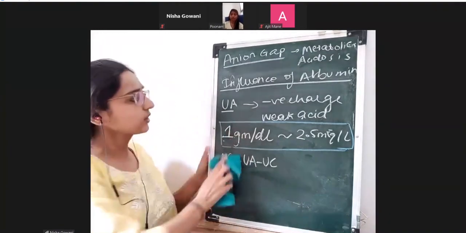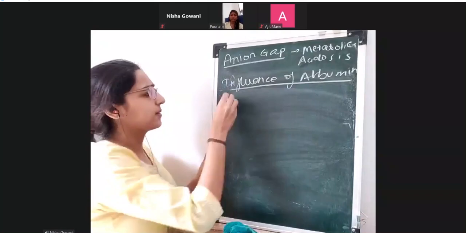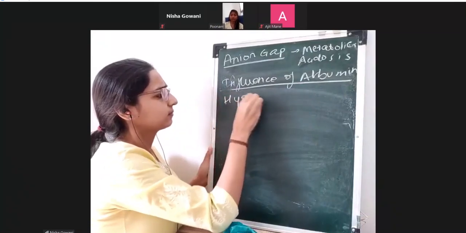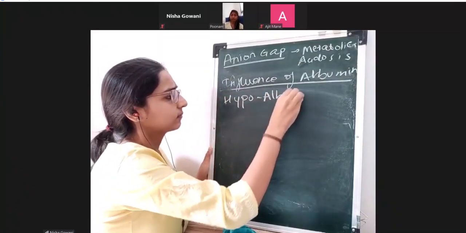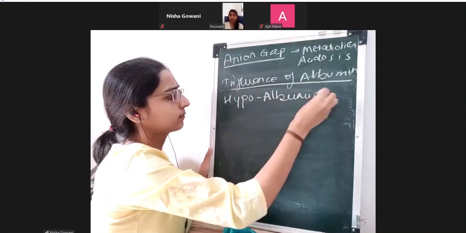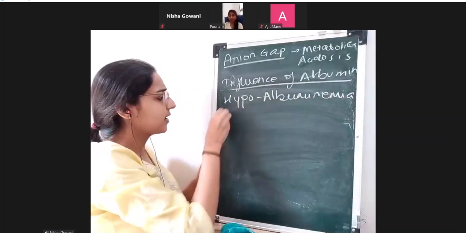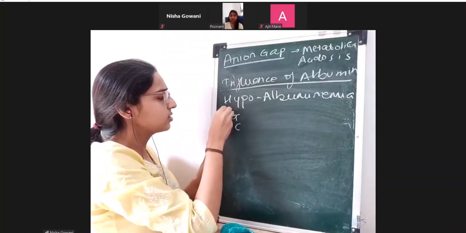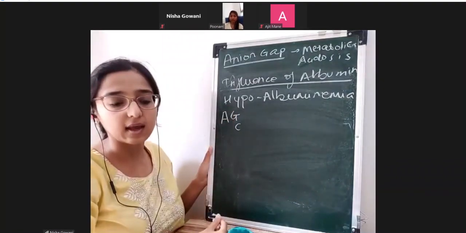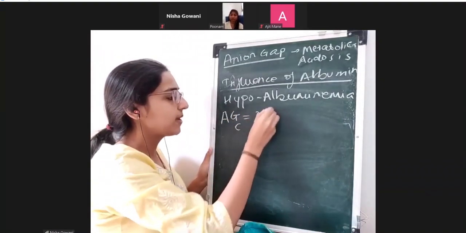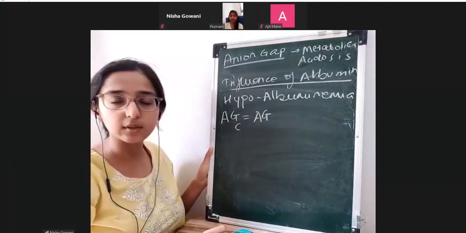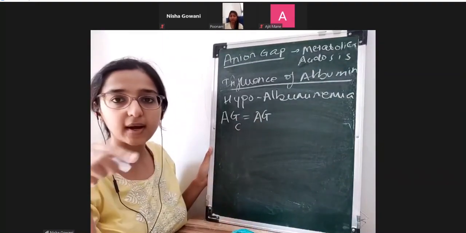So in hypoalbuminemia, we have AGC. AGC means what? Corrected anion gap. So you will measure the anion gap that you normally do: sodium minus chloride plus bicarb.